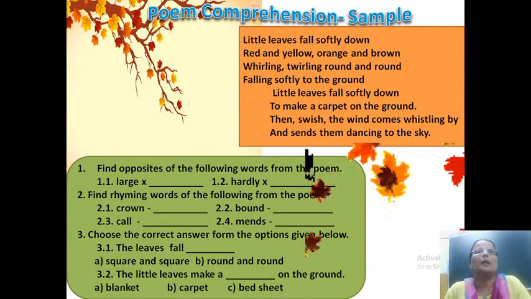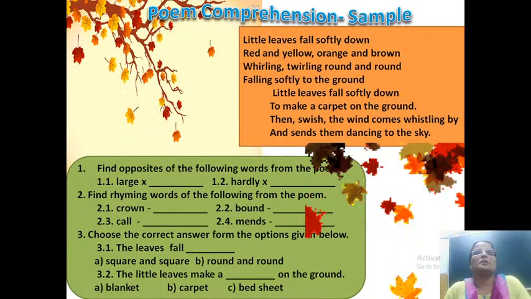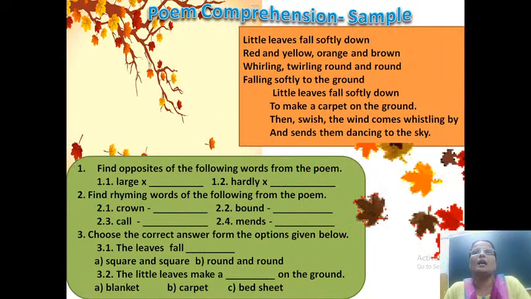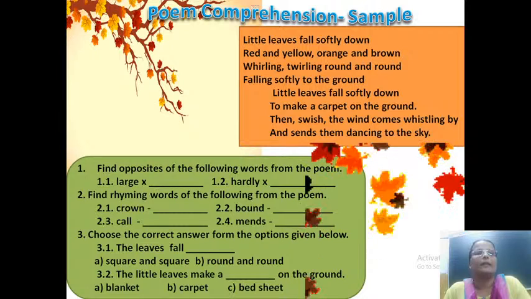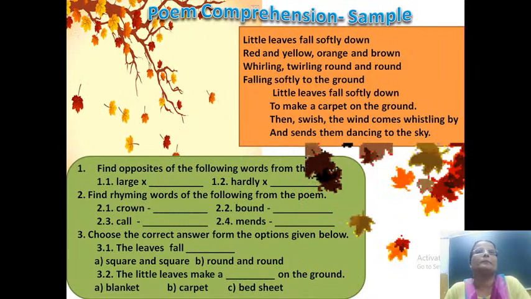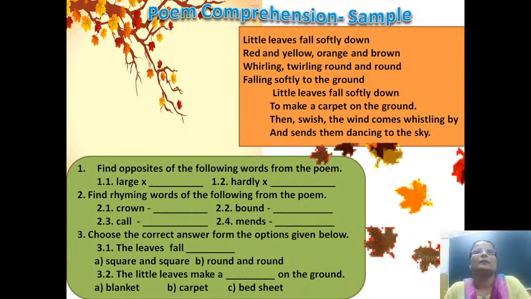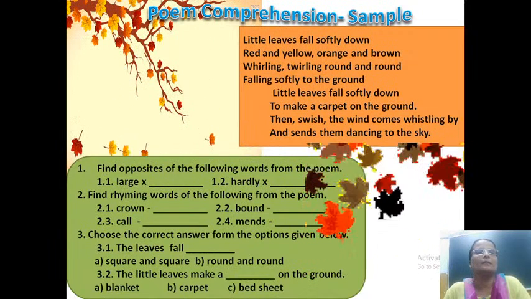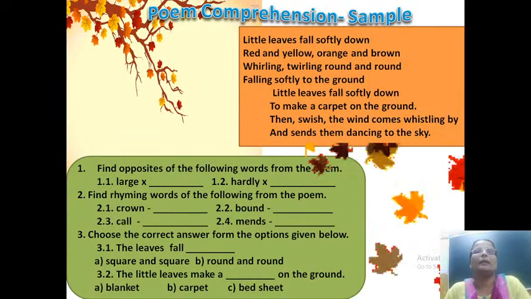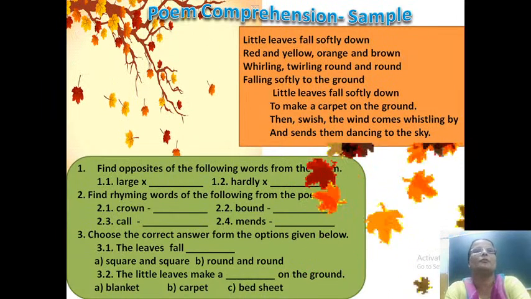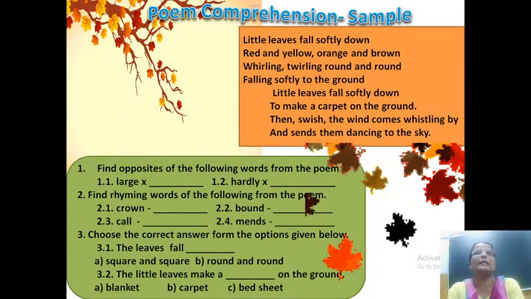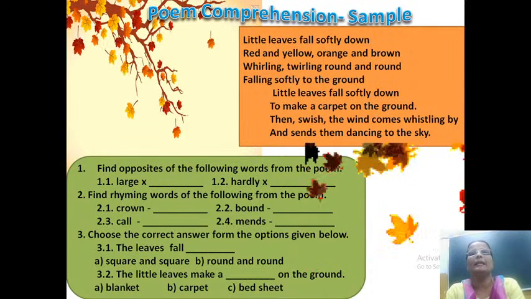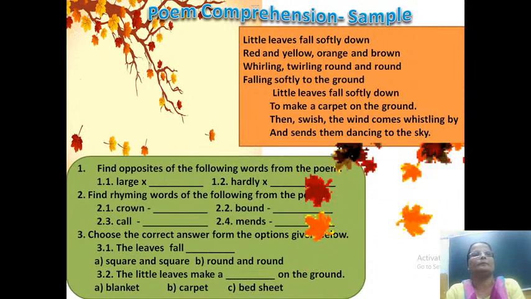Okay. Now, next question is, the little leaves make a dash on the ground. A is blanket, B is carpet, C is bed sheet. So what is correct? A, B or C? 3.2. Question is, the little leaves make a dash on the ground.